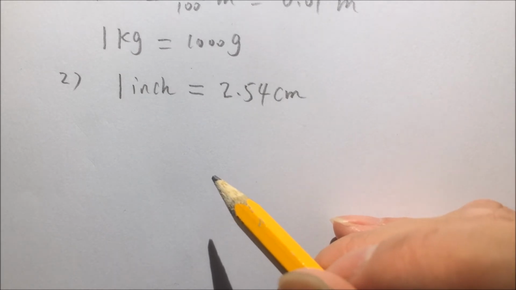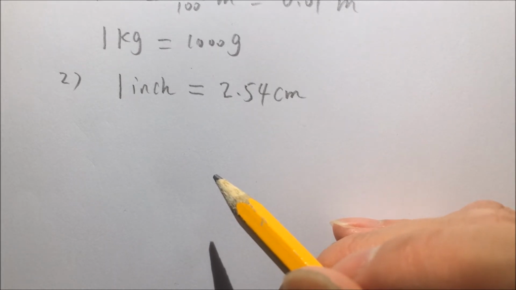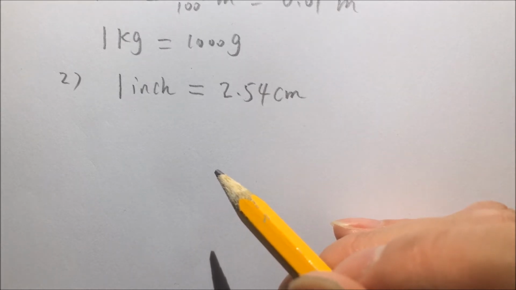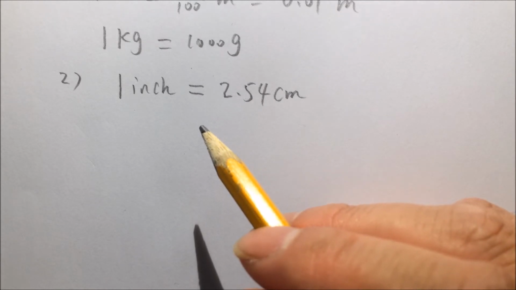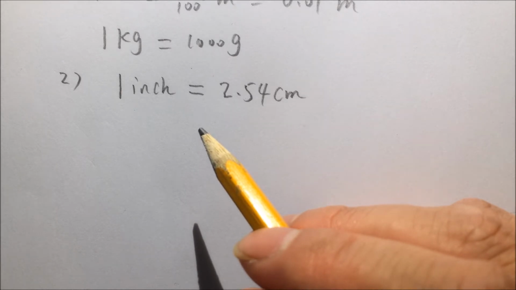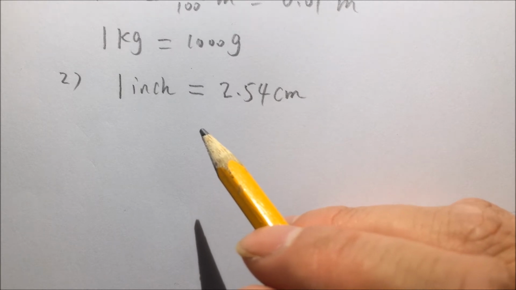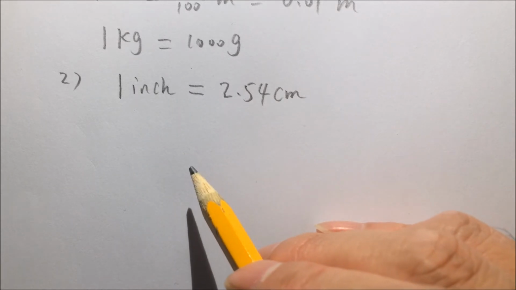For example, how can you find out how many centimeter or how many meter in 1 foot, or how many feet in 1 meter? You need to use those kinds of factors.